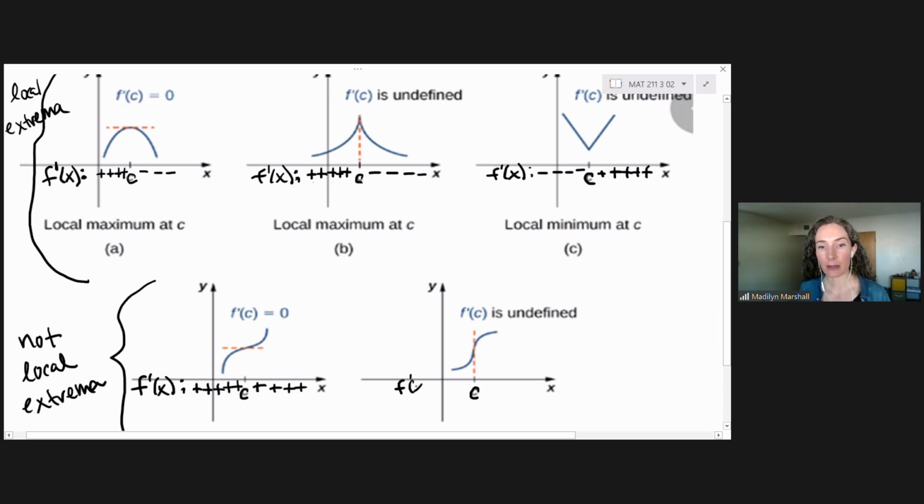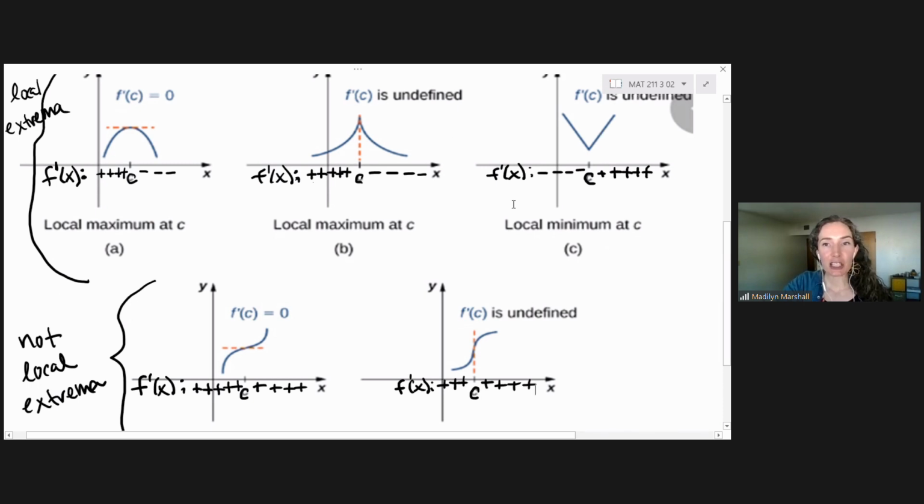Same for this one. f prime is positive the whole way, aside from that one little critical number. So the key here to note is that at all of the maximum and minimum, the sign of f prime is changing from either positive to negative or negative to positive. So I'm going to write that in words in just a moment.